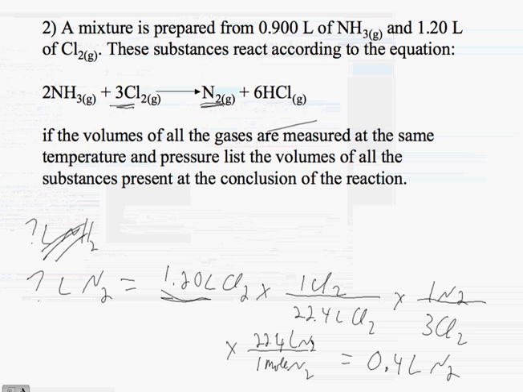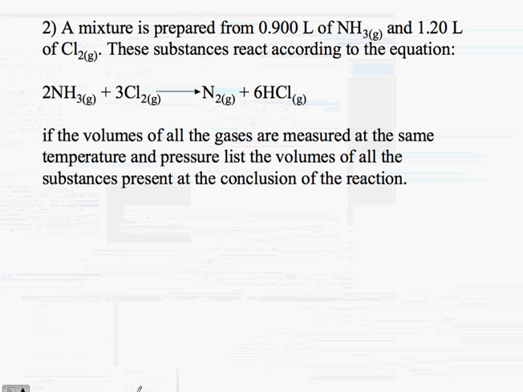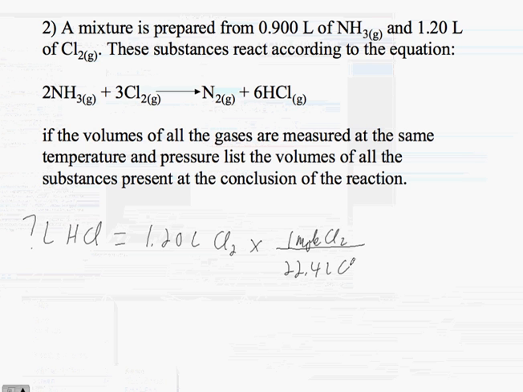All right, let's see how much hydrogen chloride gas we're going to produce. How many liters of HCl is equivalent to 1.20 liters of Cl2? I convert my liters of Cl2 into moles of Cl2, using 22.4 liters of Cl2 per mole. Liters of Cl2 cancel out.